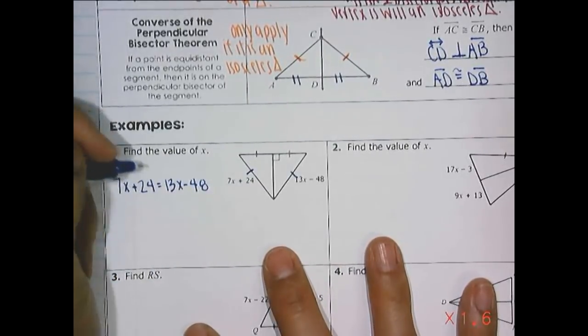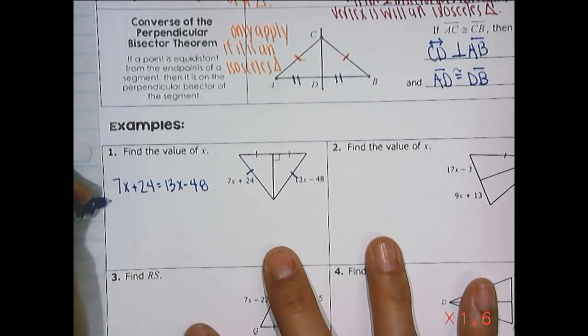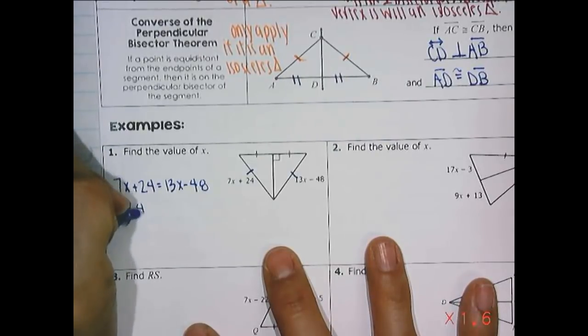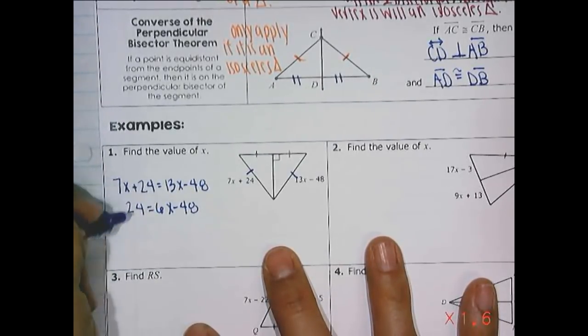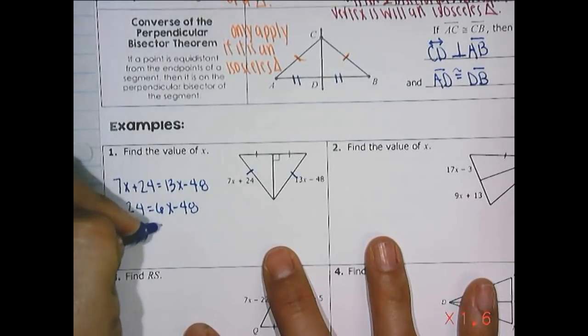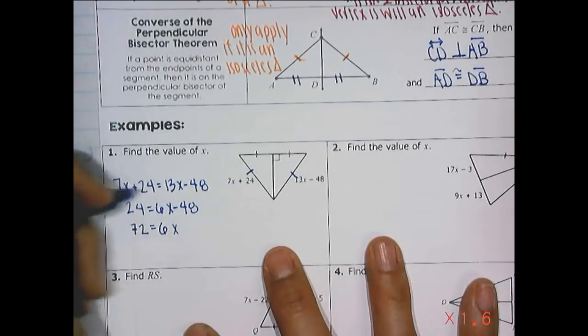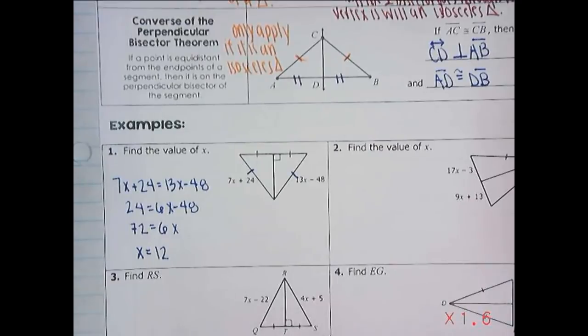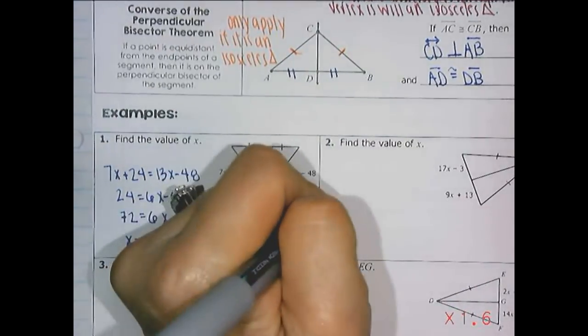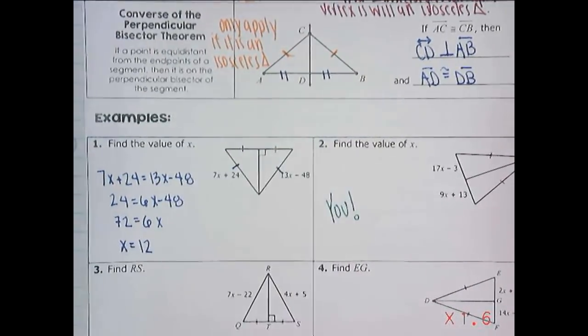I want to get my x's on one side, so I'll subtract 7x and end up with 24 equals 6x minus 48. I'm going to move 48 over and get 72 equals 6x. I'll divide by 6 and get x equals 12. You guys get to attempt this one.